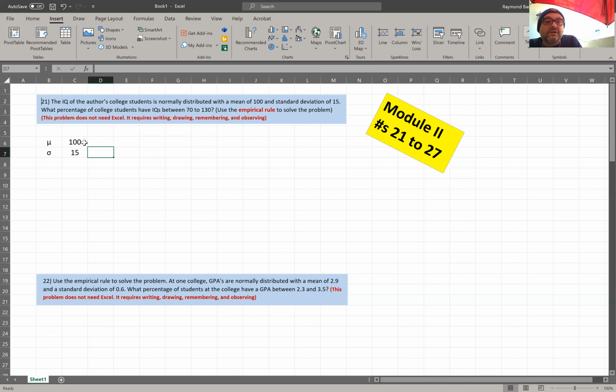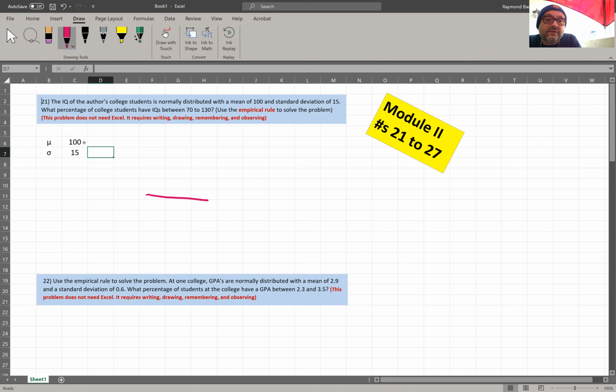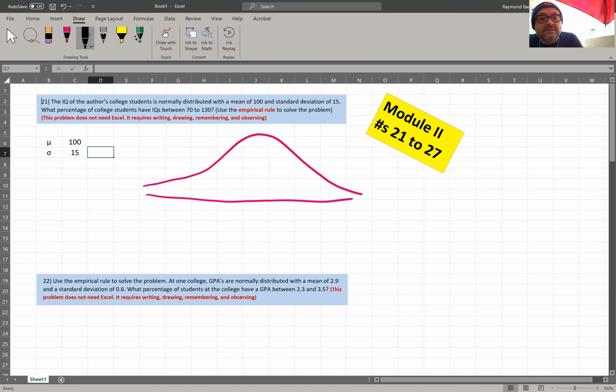So basically what I'm trying to say is if this is your normal distribution, and if this is your average, it is 100. Now it says between 70 and 130. So all you have to do is figure out how many 15s 70 and 130 are away from 100. So 130 looks like two 15s, right?